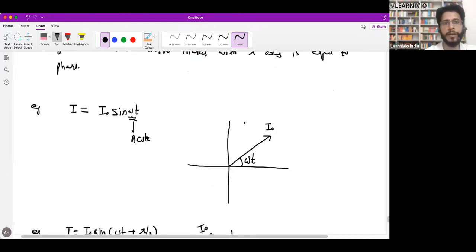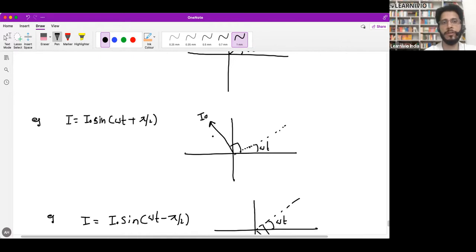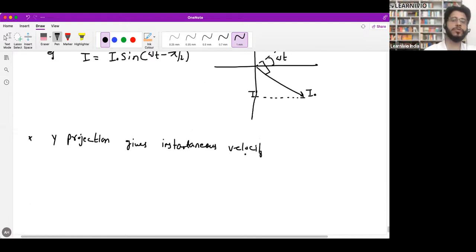Like in this phasor diagram, if you take the y projection, this is the y projection, and it will give the instantaneous value of I here. Y projection means just take a perpendicular on the y-axis. Also here, take the projection on the y-axis. That's the instantaneous value. So wherever you have a y projection, it will give the instantaneous value.